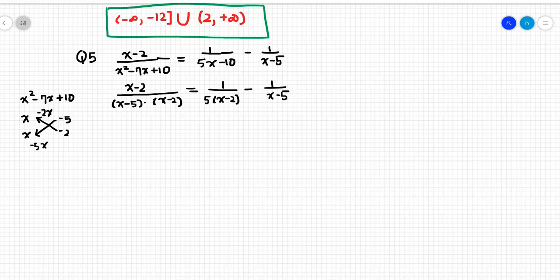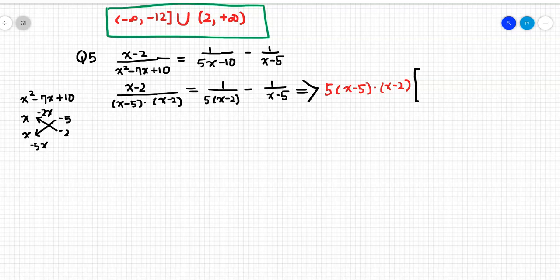So you can say that the least common multiple that we're going to have to multiply is 5 times (x - 2) times (x - 5). Okay, so that's what we're going to do. On the left-hand side, we're going to multiply everything by 5(x - 5)(x - 2), to everything that you see on the right-hand side here.